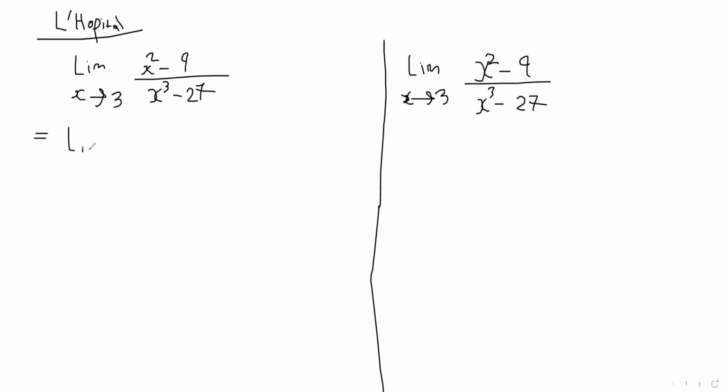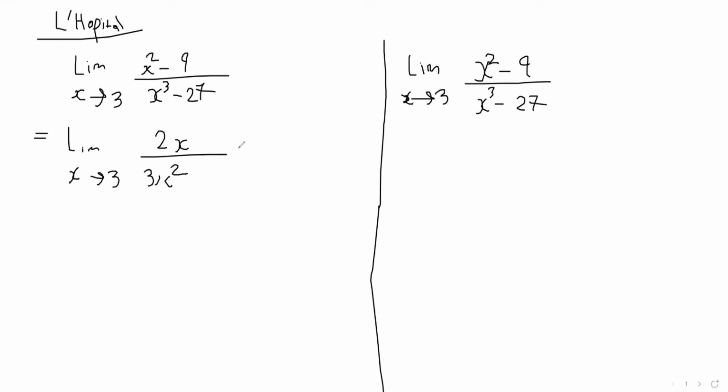This is just going to be the limit as x approaches 3 of, when you differentiate the numerator, you get 2x, divided by, when you differentiate the denominator, you get 3x squared.